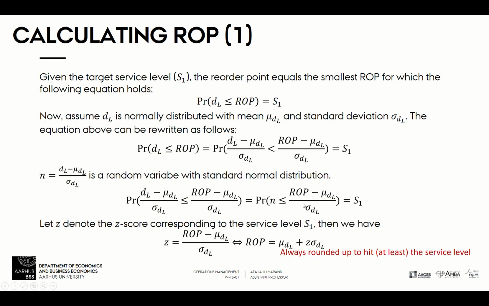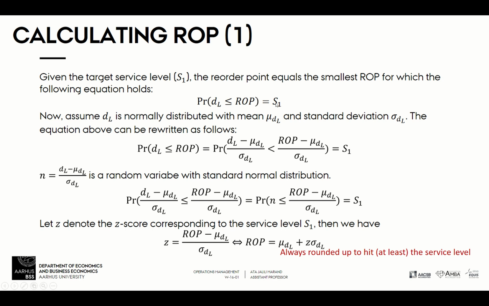Let's assume that we have S1 as a given cycle service level. We want to find a value for ROP for which the probability of demand during lead time being less than ROP, or in other words, the probability of having no stockout, is at least equal to S1.